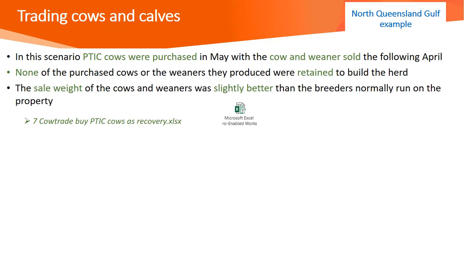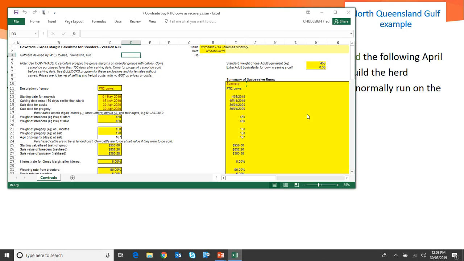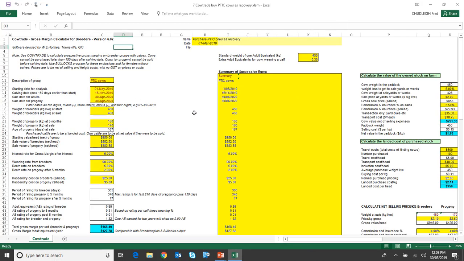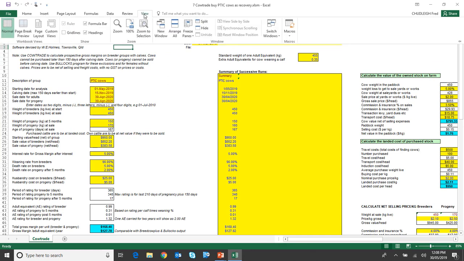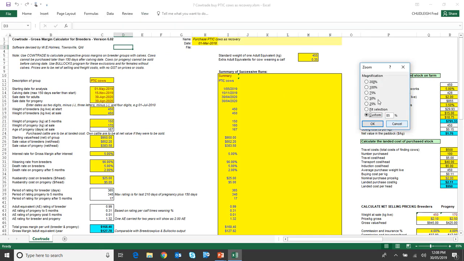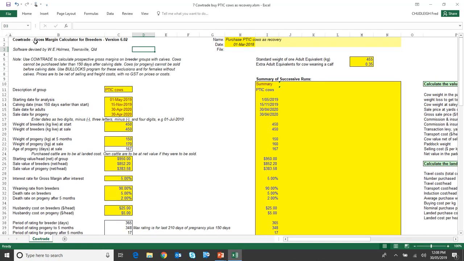So let's have a look at the spreadsheet. It's called Cow Trade by PTIC Cows as Recovery. So we're using the cow trade model. And let's see if we can load it up. Here's our cow trade model. I'll make that a little bit bigger so I can see it. Same old cow trade model developed by Bill Holmes.